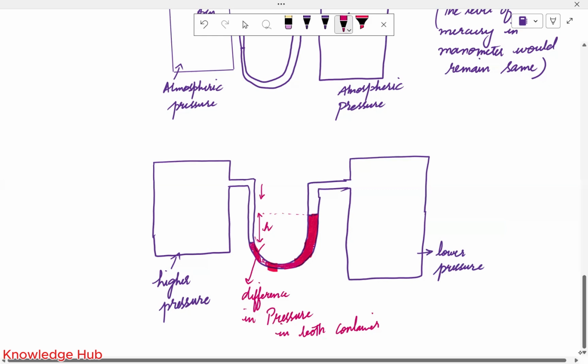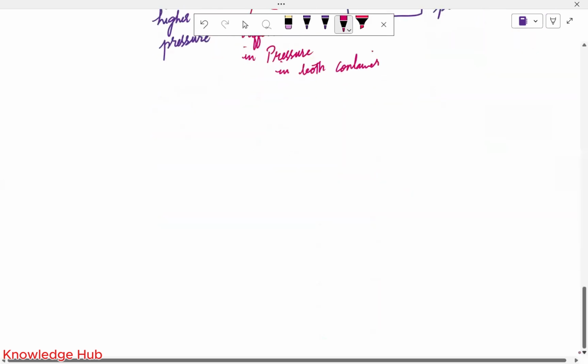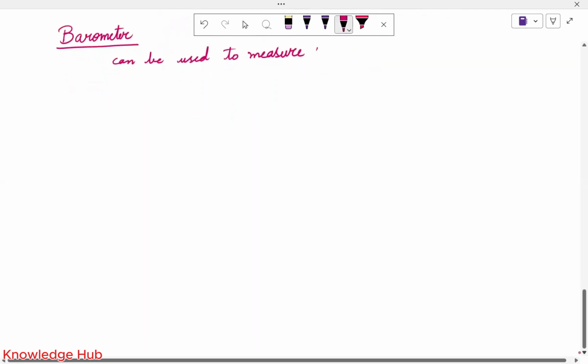So let's move further to the next instrument, and that would be the barometer. First of all, barometer is an instrument that can be used to measure atmospheric pressure.